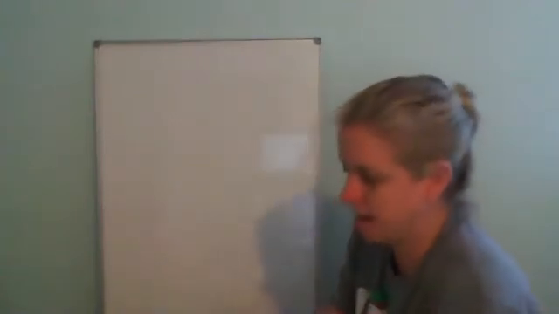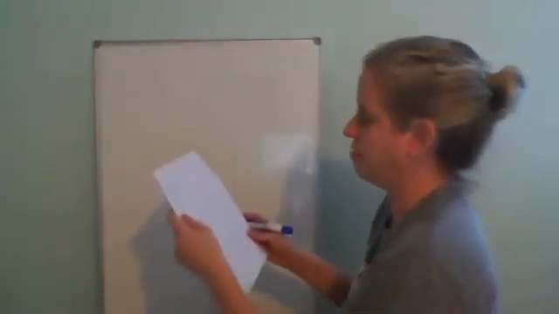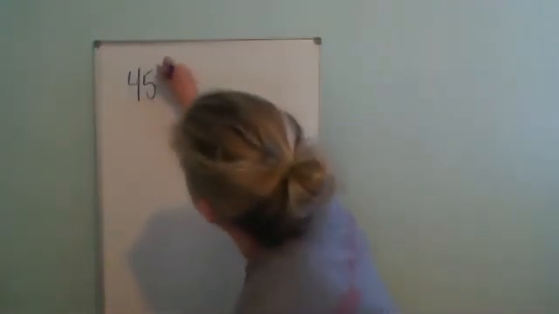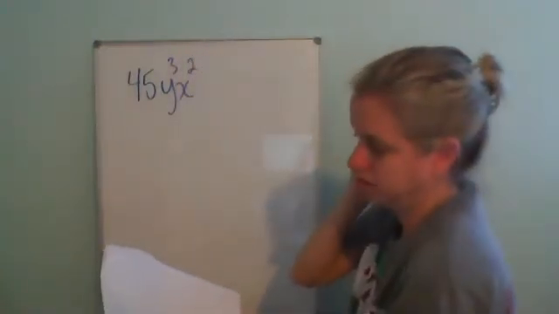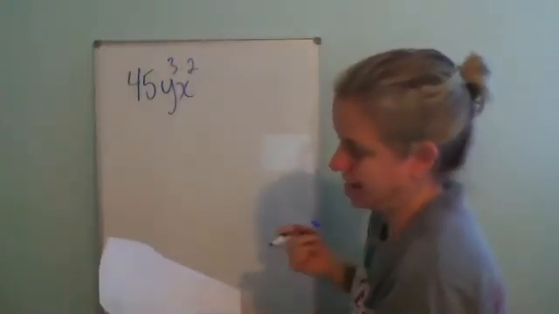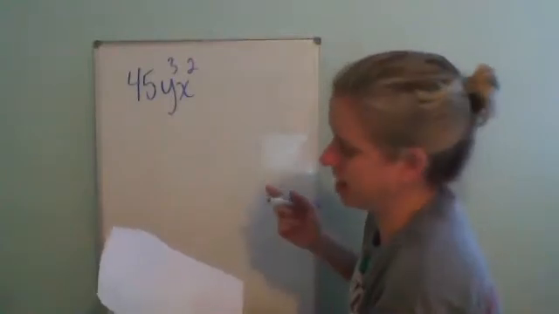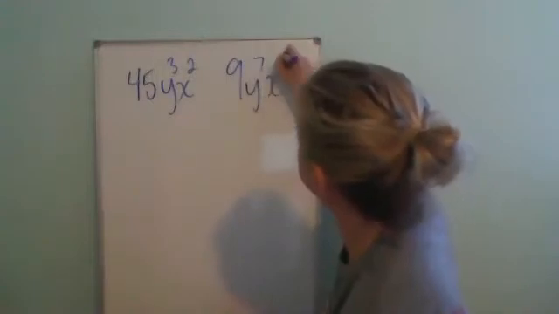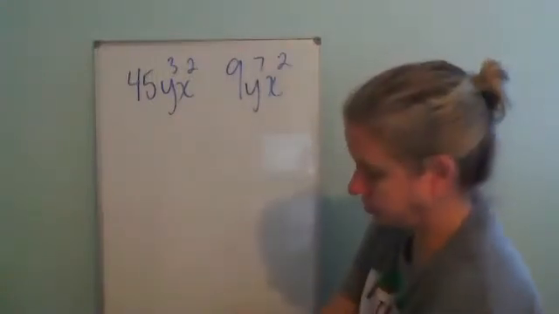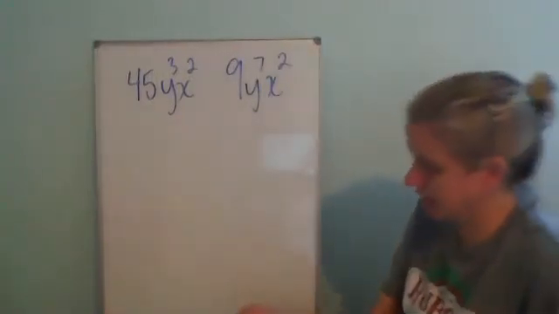All right, number 9, another least common multiple problem. You've got 45y to the third x squared and 9y to the 7th x squared. Okay, so again, same thing.